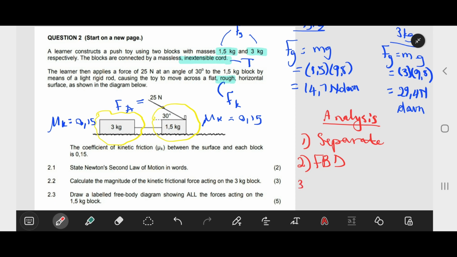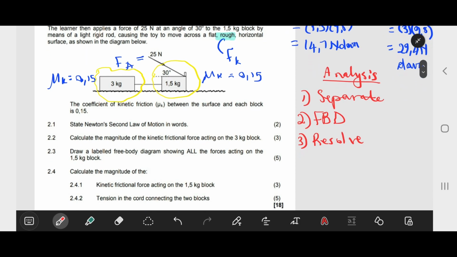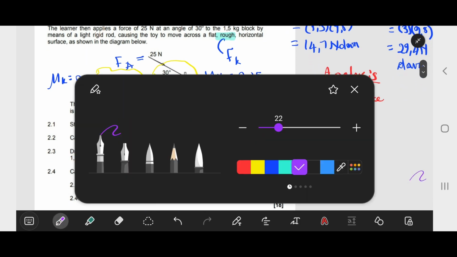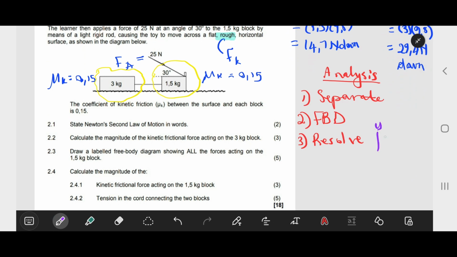Then step number 3, we resolve any forces which are not in the x direction or the y direction. The system of axes that we'll be using is the y-axis and the x-axis, so any force which is not in the y or x direction will be resolved.